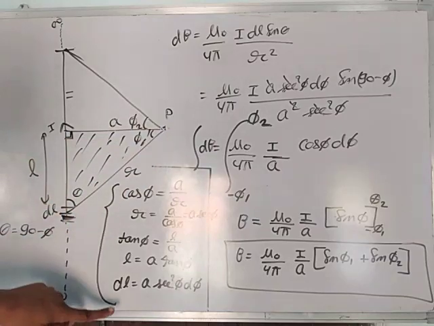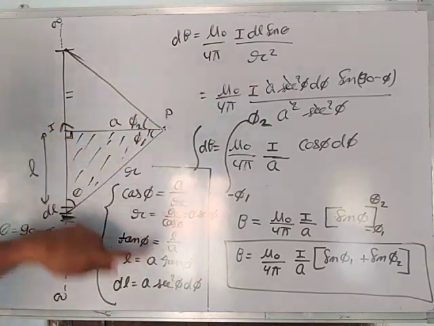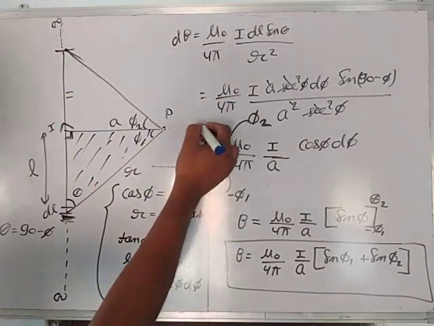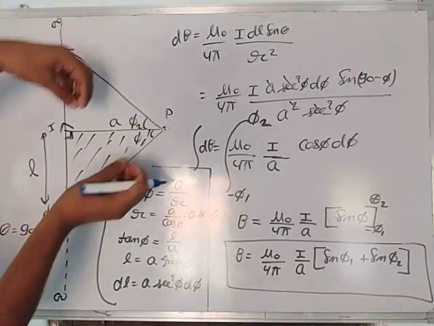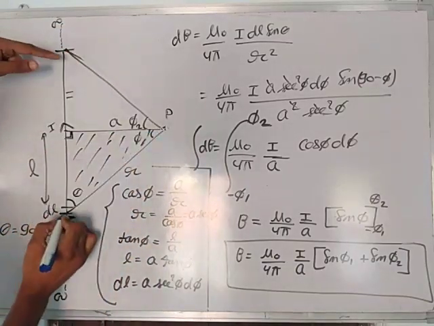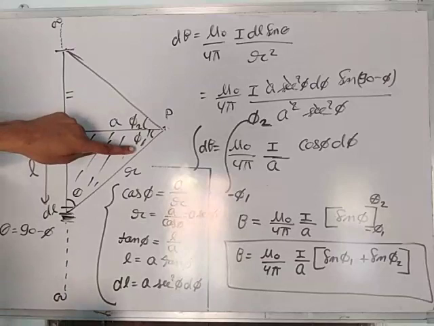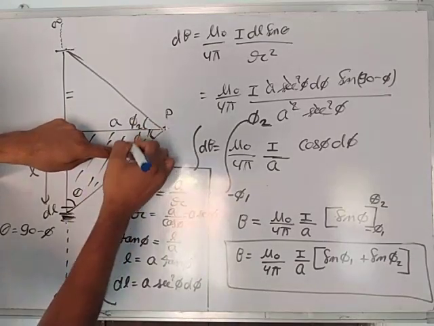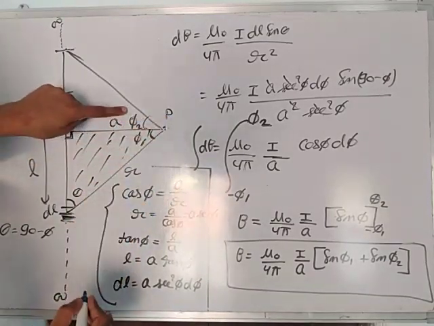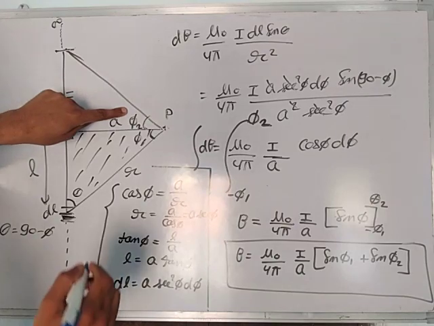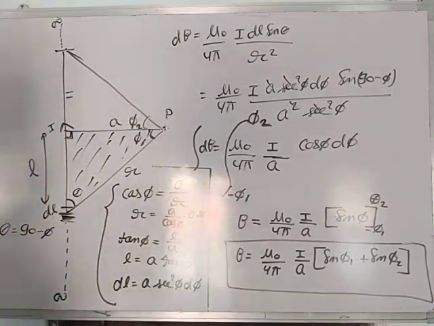After substituting these values, we have integrated, because φ is variable. For the considered length, the lower angle is φ₁ and the upper angle is φ₂. We are using the limit from minus φ₁ to φ₂. After integrating, we get this result.